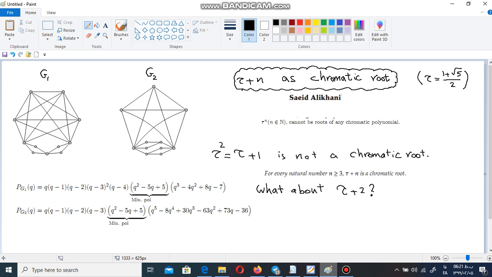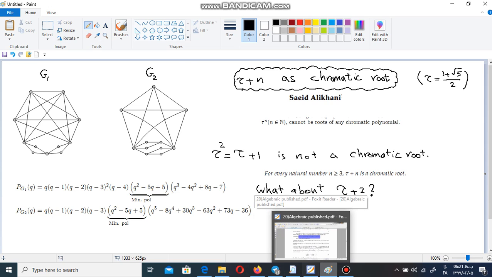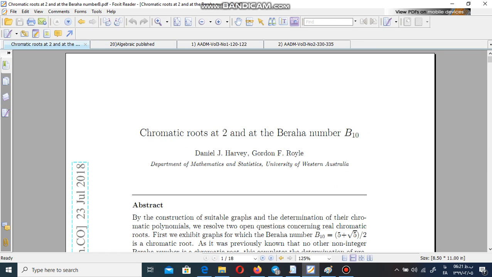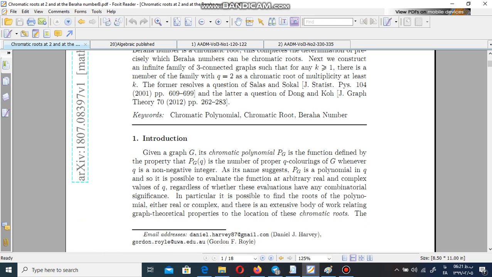Recently I found that Roy in Australia and his colleagues, in this paper published recently in the Journal of Graph Theory, entitled Chromatic Roots at 2 and at the Beraha number B10, constructed an infinite family of 3-connected graphs such that for any k greater than or equal to 1, there is a member of the family with 2 as a chromatic root with multiplicity at least k.